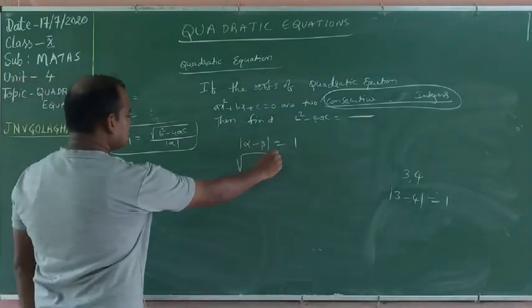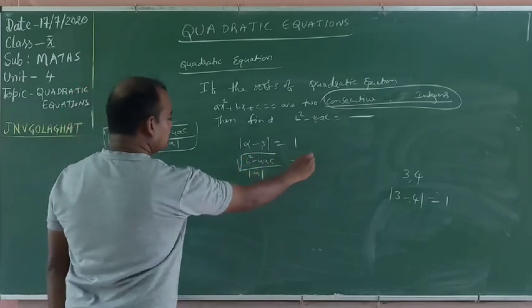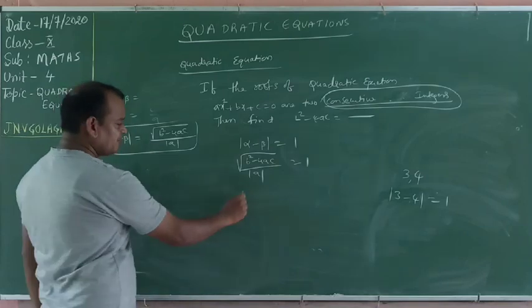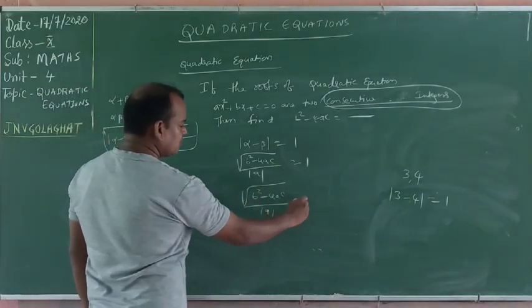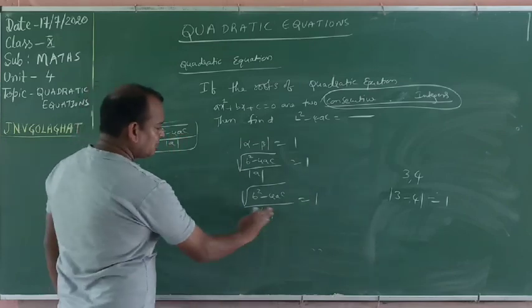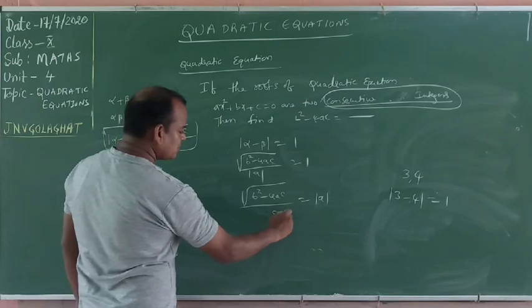Okay, what happened? This is root over b square minus 4ac by mod a is equal to 1. Cross multiplication, this is mod a, squaring on both sides.